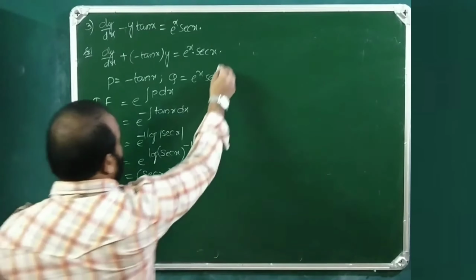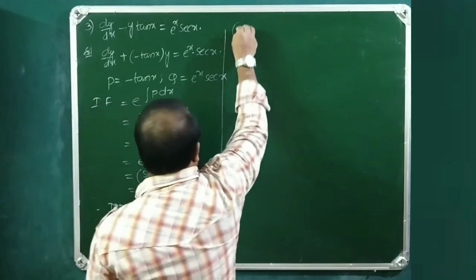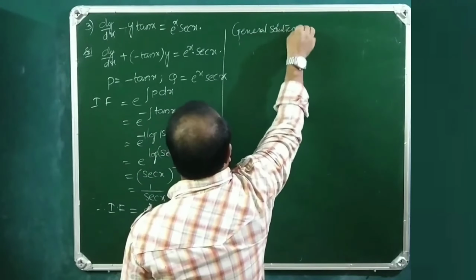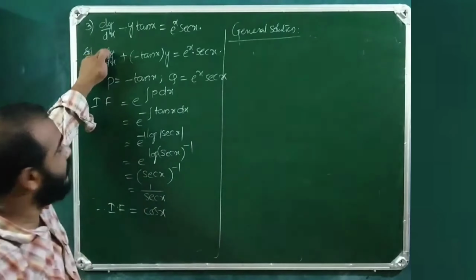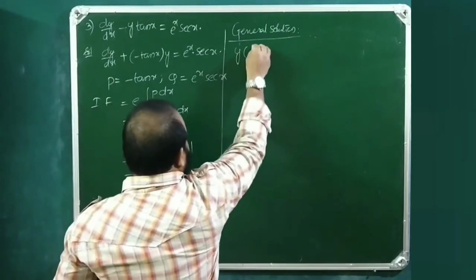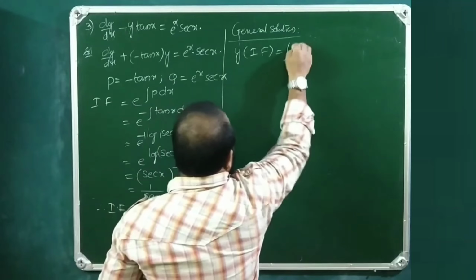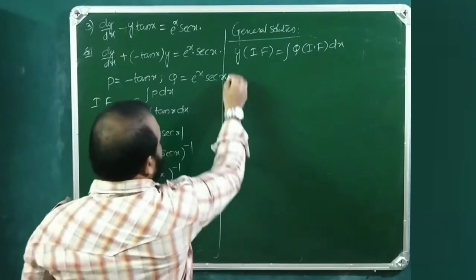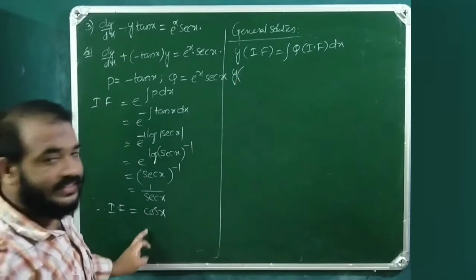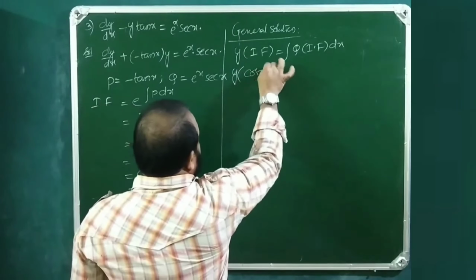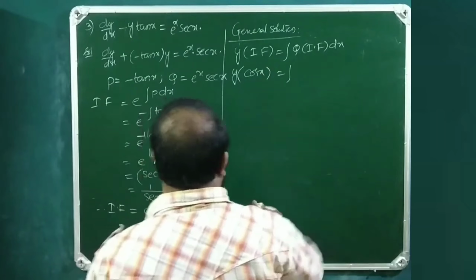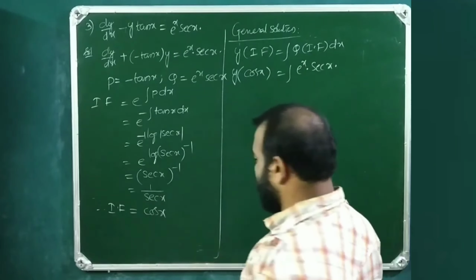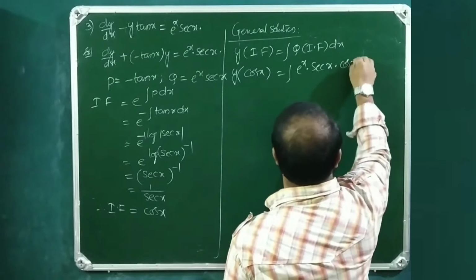And what is the general solution now? The general solution: y into integrating factor is equal to integral of q into integrating factor dx. So y into cos x is equal to integral of e power x secant x into cos x dx.